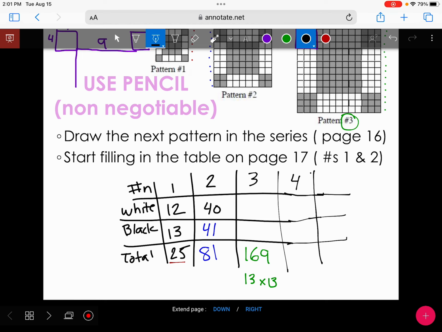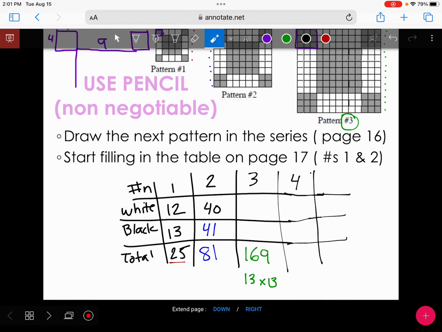Yep, they're going up too. How about what's different between black and white themselves? Look, there's more black. By how many? By 1. There's always one more black.